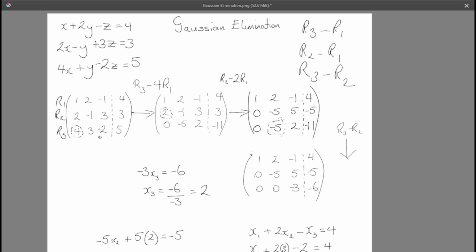And then we continue. We say 3 minus 2 by 4 will give us negative 5. So 2 by 4 is 8, and 3 minus 8 will be negative 5.